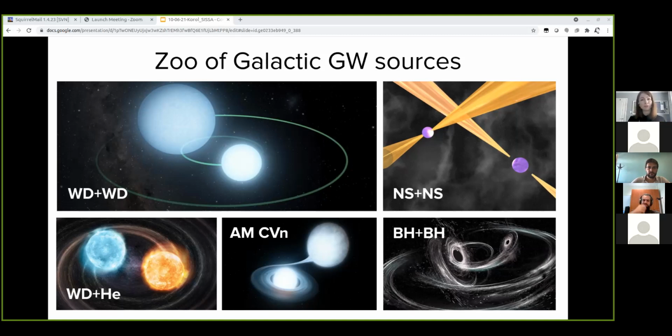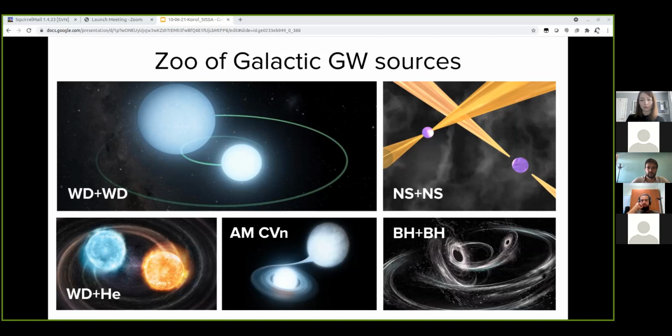But unlike ordinary stars, these are small enough to fit into compact orbits so that when in binary, they can emit at the LISA frequencies. And this is because most of the envelope of this star has been stripped during the evolution. So we can think about these binaries in a way as living gravitational wave sources.